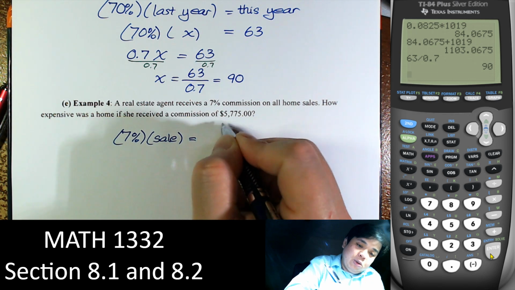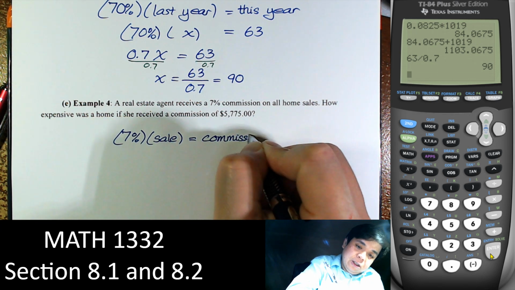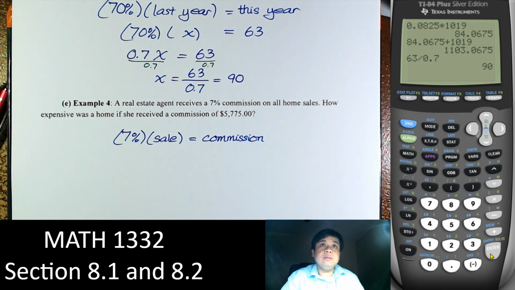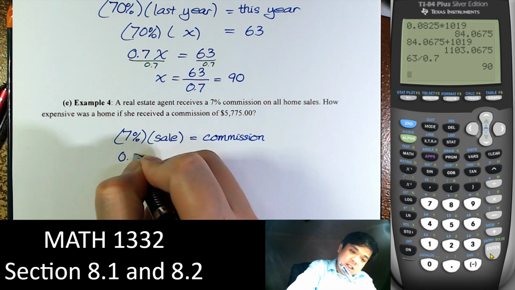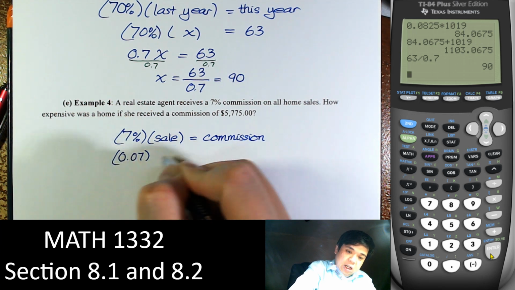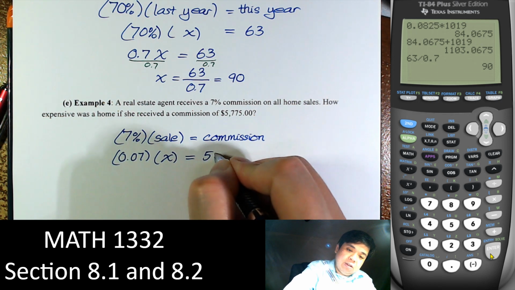And that is whatever the commission is. So we have 7% is 0.07 in decimal. The sale price, let that be x, and the commission $5,775.